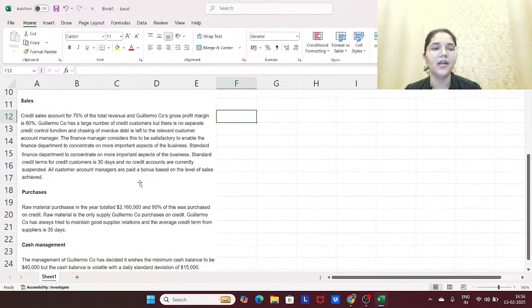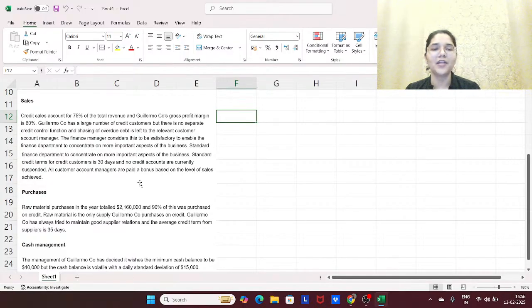Let's read further. Credit sales account for 75% of the total revenue, and Guillermo company's gross profit margin is 60%. Guillermo company has a large number of credit customers, but there is no separate credit control function, and chasing of overdue debt is left to the relevant customer's account manager.